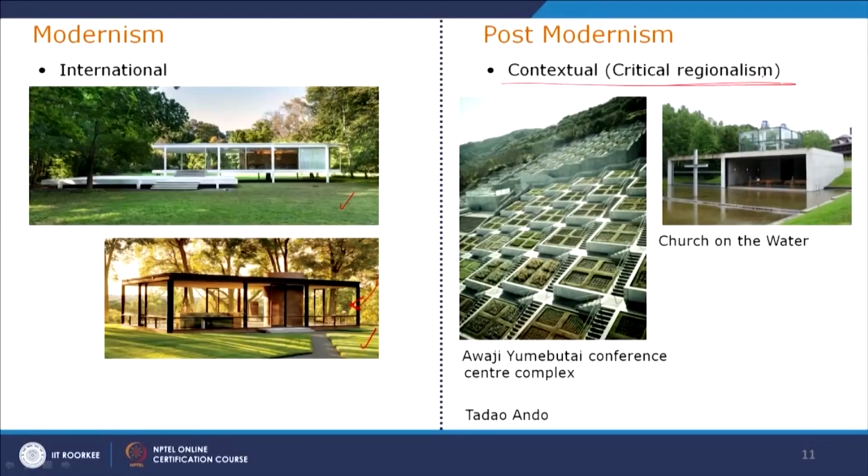But here in contextual design, critical regionalism, we have already discussed, we started talking about critical regionalism in the Dhaka Parliament building, how Louis Kahn took the texture of the eastern part of Bengal, where bamboo was used in the formwork, and how water plays a major role around it.